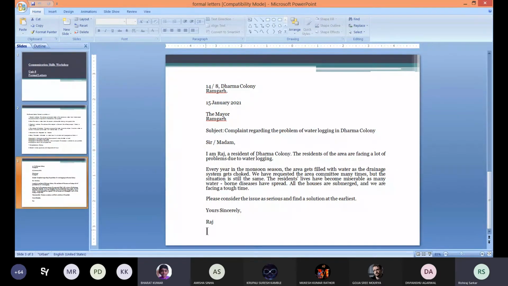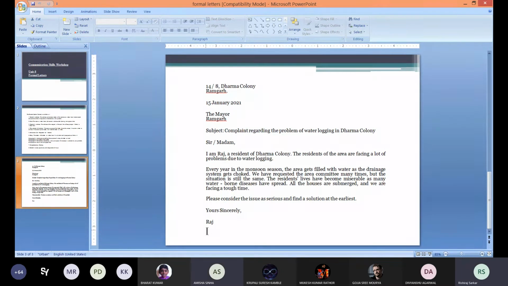Yes, the office address of the director. In my case, that will be the same residential address, but in the case of directors, it will be the office address. If you are writing from home, or from the college itself, then both office addresses can be used. It is not very important which kind of address you are using, but in the case of the director, definitely his office address.